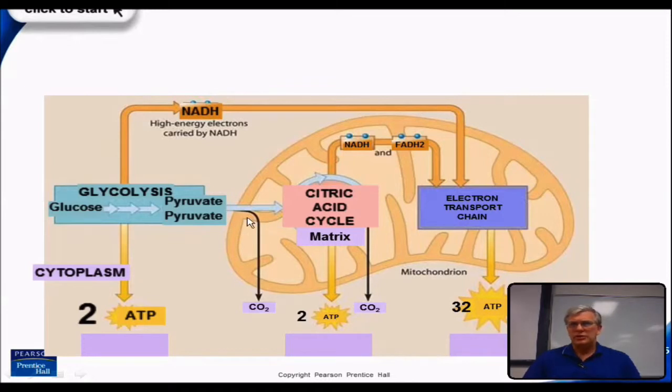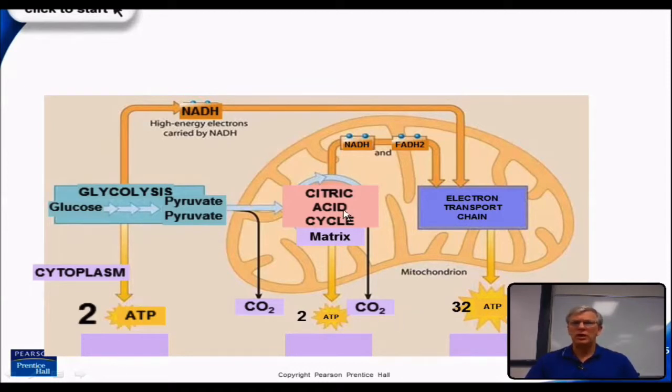In essence, what's happening, these pyruvic acid molecules, which are 3-carbon molecules, are going to be broken apart. The carbons and the oxygens are going to be split off, and they're going to be released as carbon dioxide molecules. So for every glucose molecule that enters this process, we're going to have 6 carbon dioxide molecules released.